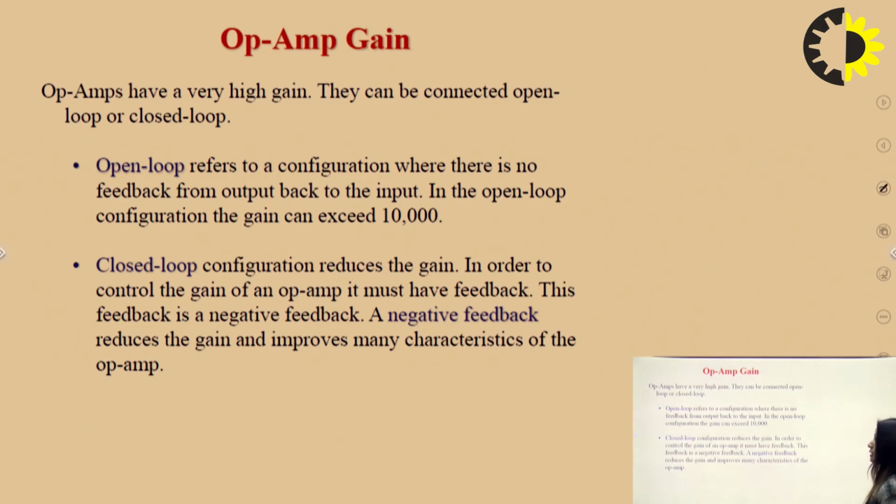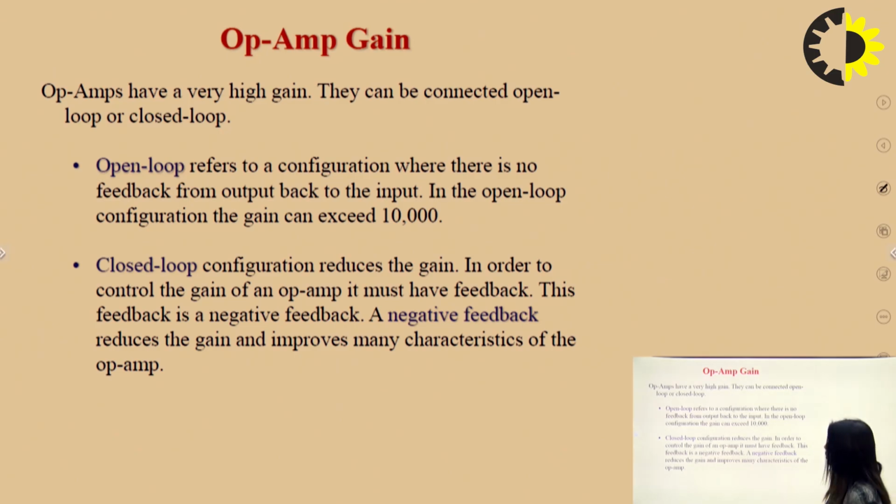Opamps have very high gain, as I already mentioned. They can work in two configurations, open loop or closed loop. If the output is connected again to the inverting terminal, then we call it closed loop.